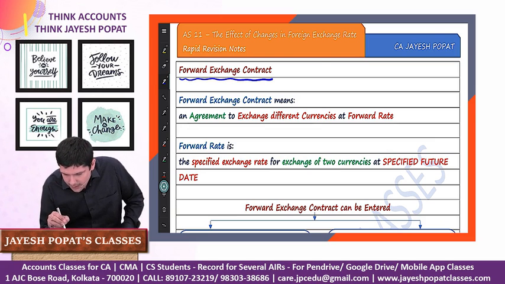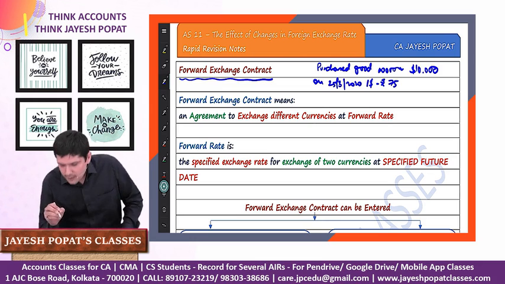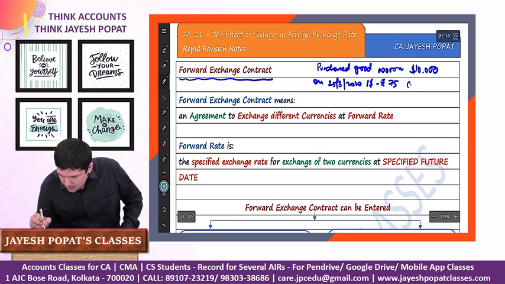Let's say I purchased goods worth $10,000 on, let's say, 25th March 2020, when the dollar to INR rate was 75. The creditor is to be paid on 25th May 2020, right?